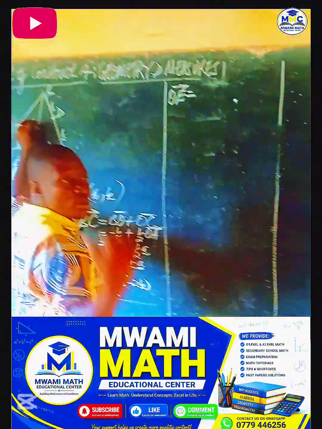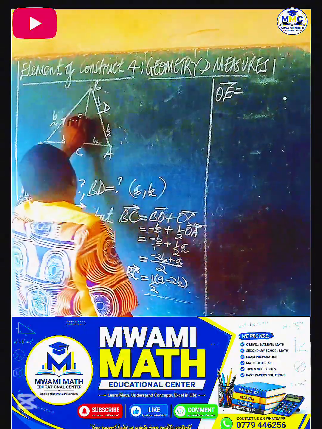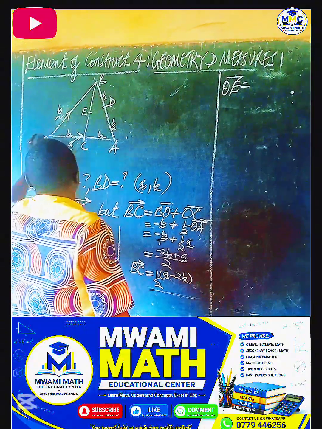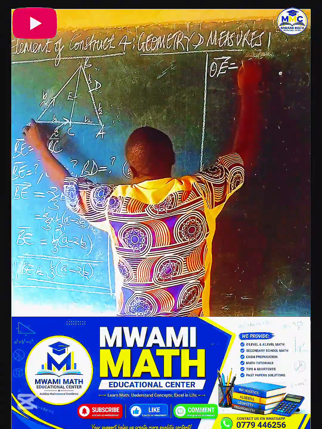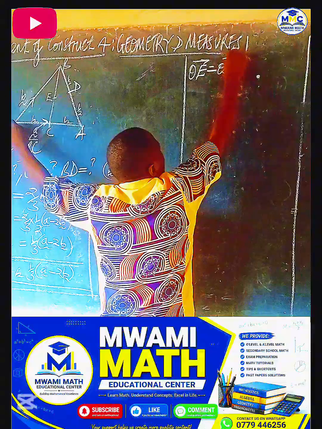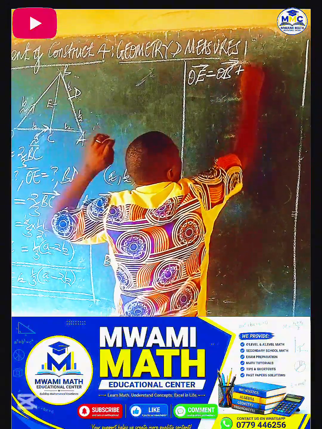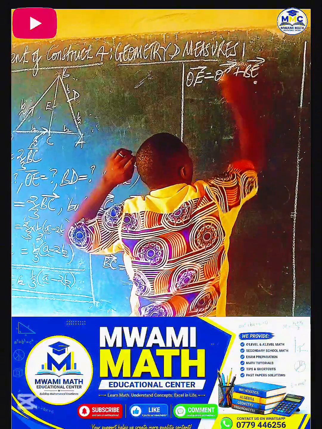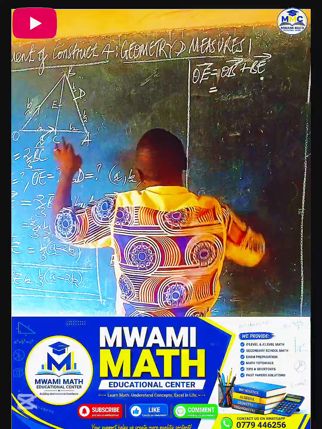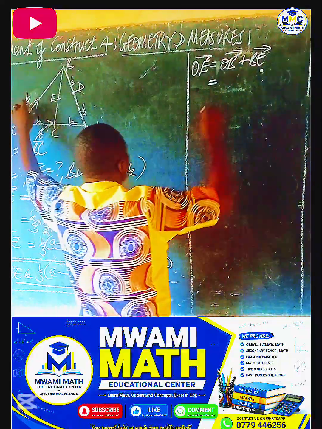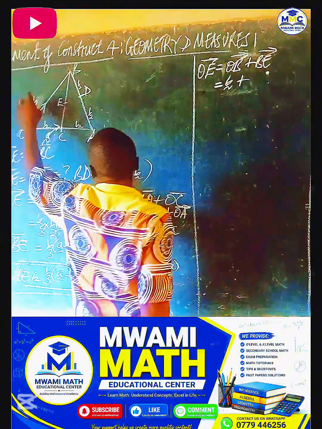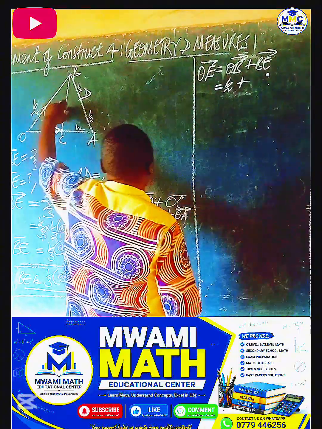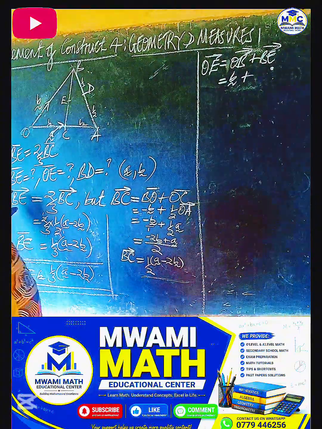In other words, which other alternative route can you use to reach E from O? So we have OB plus BE. So what is OB? OB is vector B plus BE is already defined. We have already got it here.